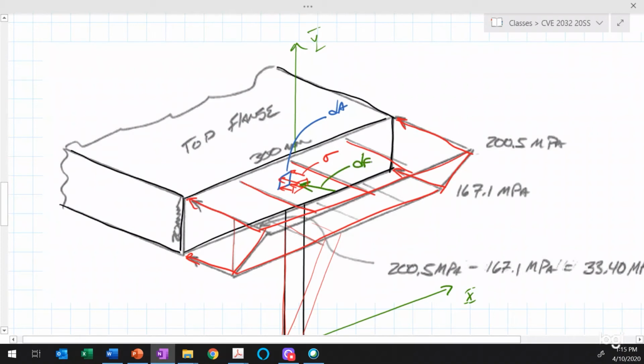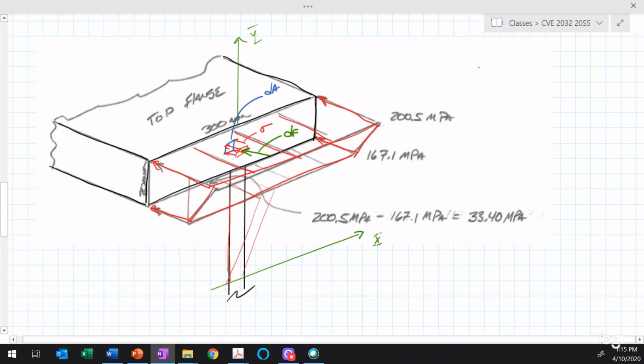Let me zoom back out now. Now what we can say is that that differential amount of force, dF, is equal to sigma times that differential area, dA. And now if we look at the axis of that force, relative to the neutral axis, there is a distance there, d, or we could say that that's equal to y, because we're measuring it from the z-axis.